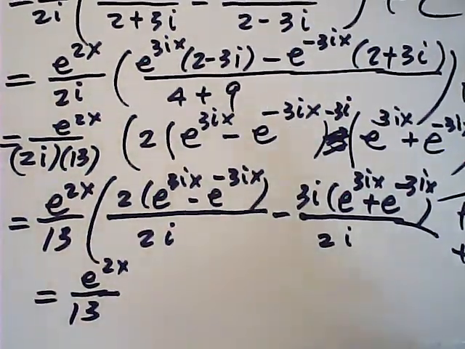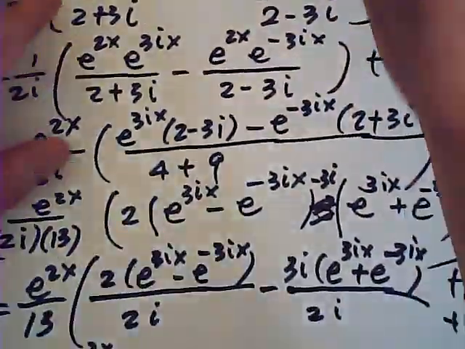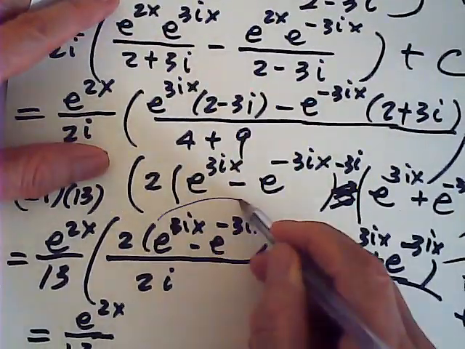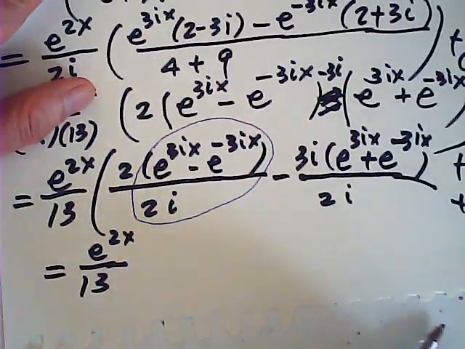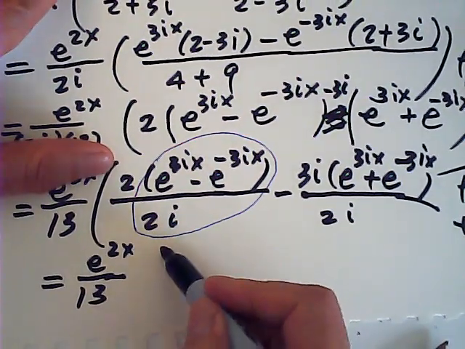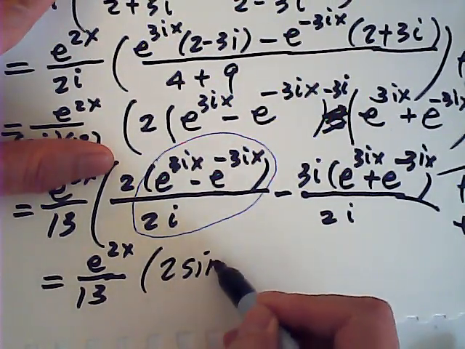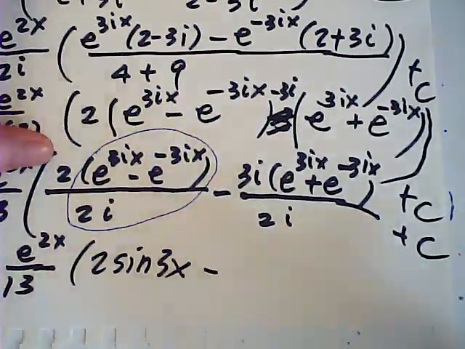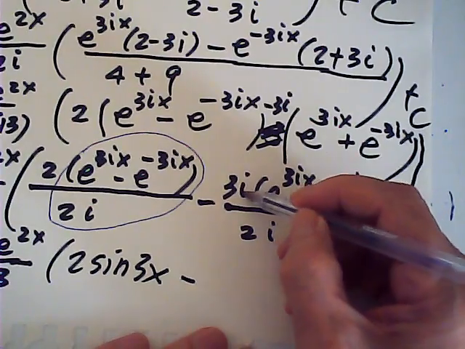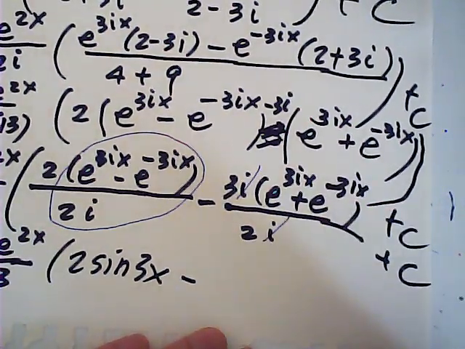Well, this is sine 3x, 2 sine 3x, minus. Now I cancel i.